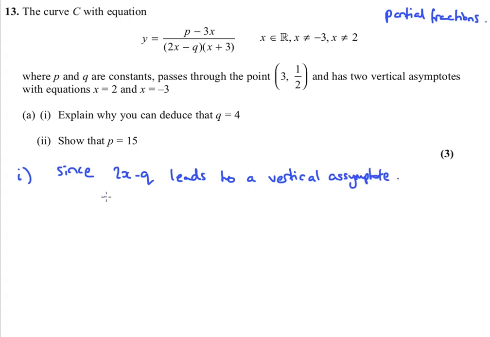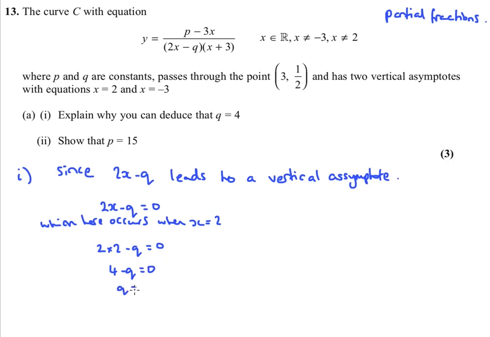Vertical asymptotes occur when the denominator is 0. That's going to happen in this case when x is equal to 2. So if we substitute 2 in for x, we're going to get 2 lots of 2, take away q needs to equal 0, which is 4 take away q equals 0, so q must be equal to 4. So that's how we've answered part 1.